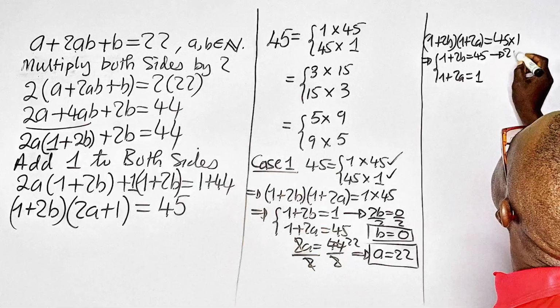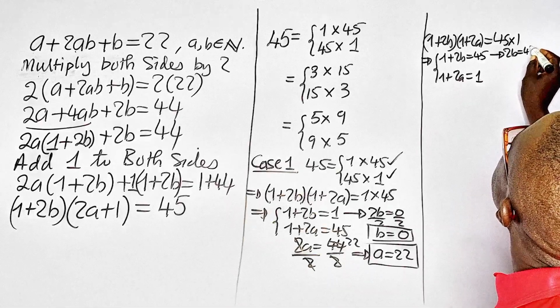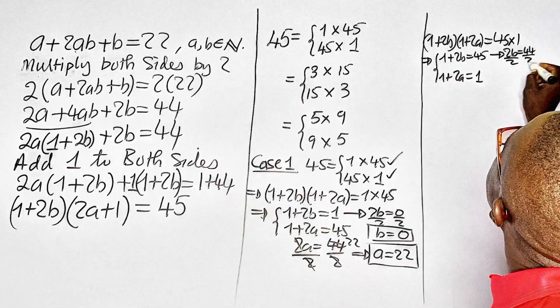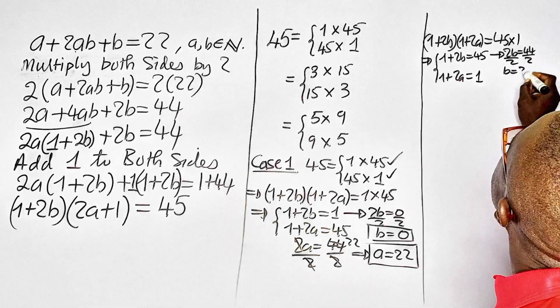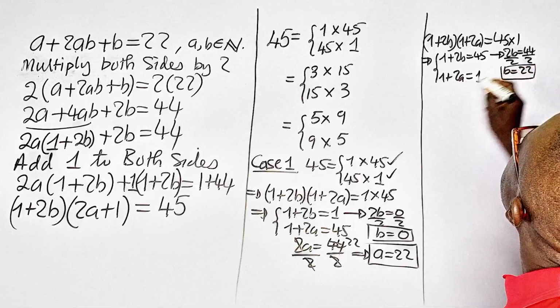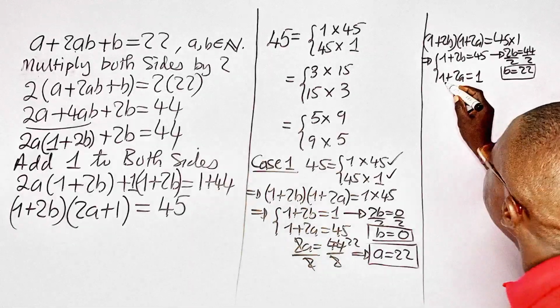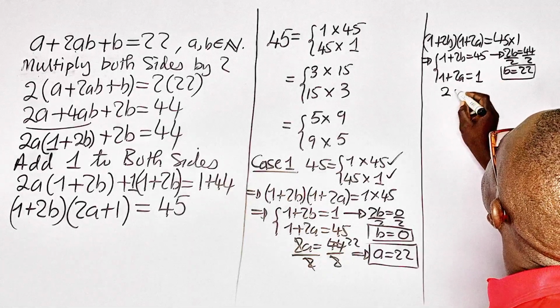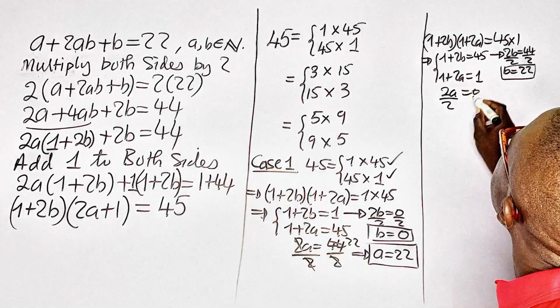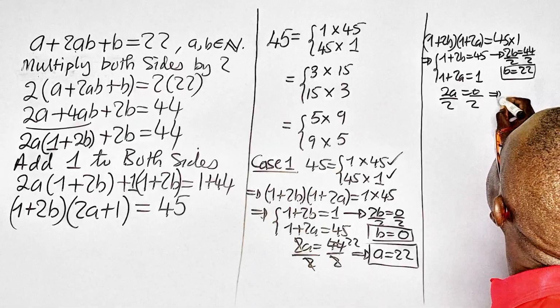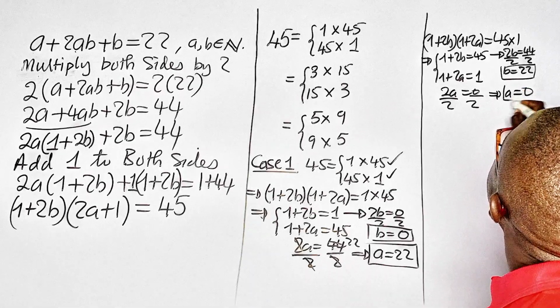We're going to have 2b is equal to 44. If we divide both sides by 2, we obtain b is equal to 22. Here, if we take 1 from the left hand side to the right hand side, we obtain 2a is equal to 0. Dividing both sides by 2, we have a is equal to 0.